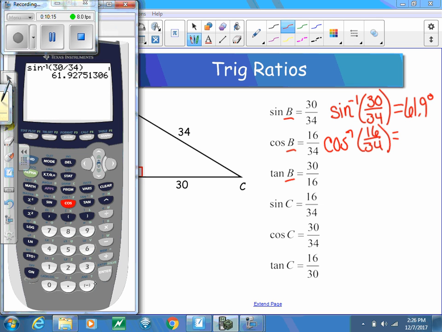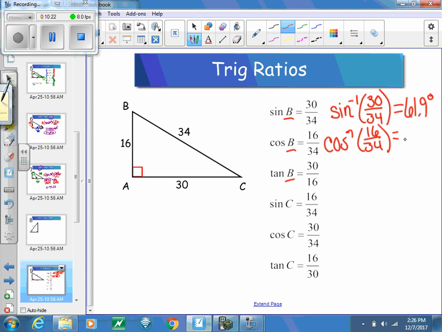So hopefully I get the same answer here. So the inverse cosine of 16 over 34 ends up giving you 61.9. So I get the same answer no matter what ratio. If I were to do the inverse tangent of 16 over 34, I'm going to get 61.9 as well.